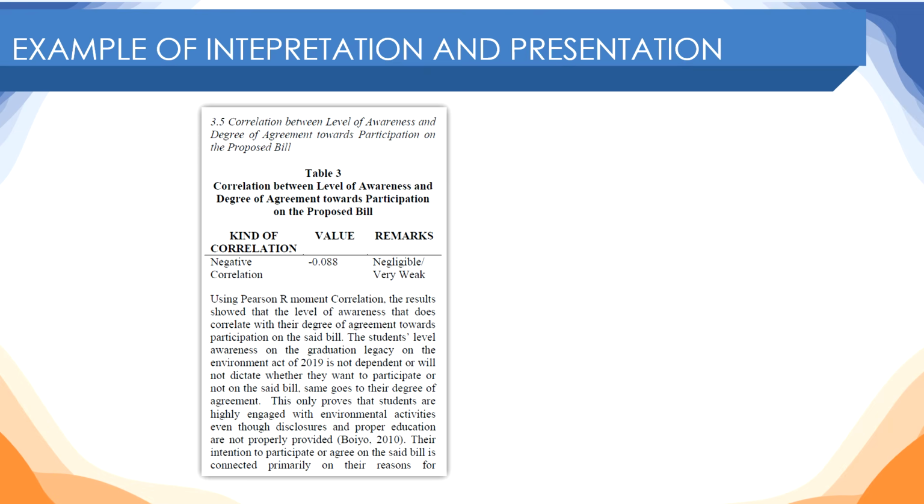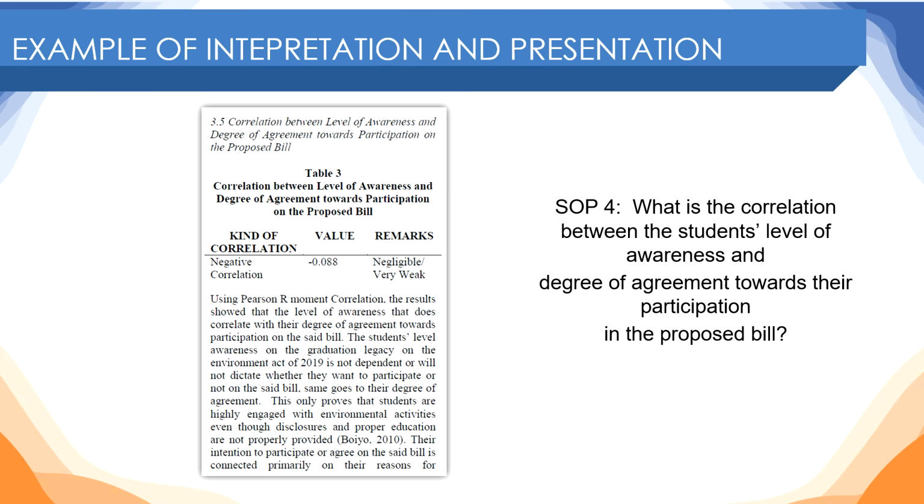Okay, our final example has a question. What is the correlation between the students' level of awareness and degree of agreement towards their participation in the proposed bill? This question is different from the earlier ones. Why? Because this question is asking about a relationship between two variables.